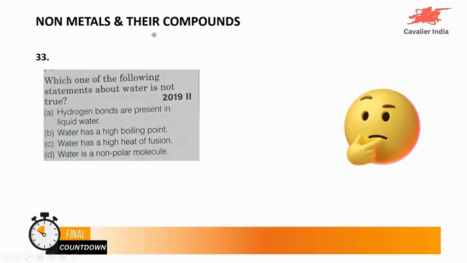Next, which one of the following statements about water is not true? Hydrogen bonds are present in liquid water. Water has a high boiling point. Water has high heat of fusion and water is a non-polar molecule. Which is the right answer?